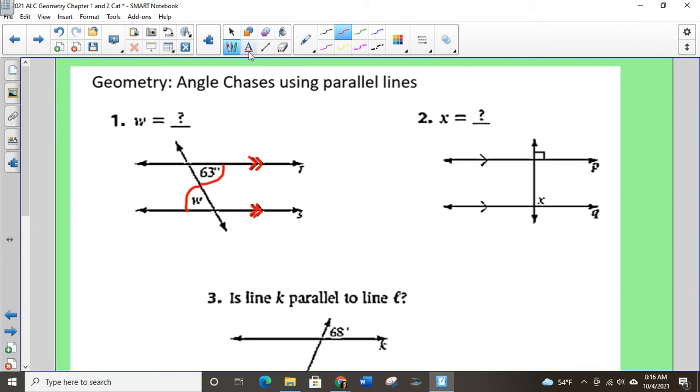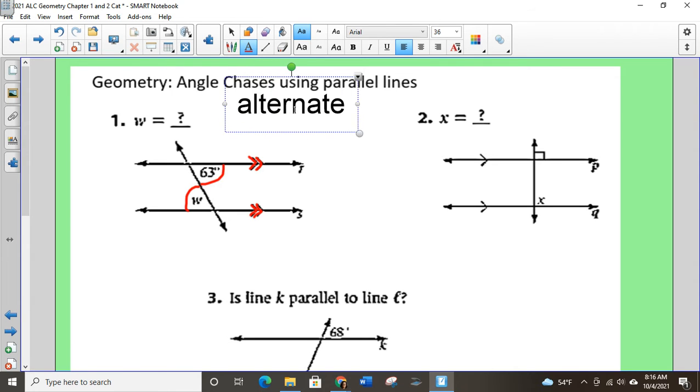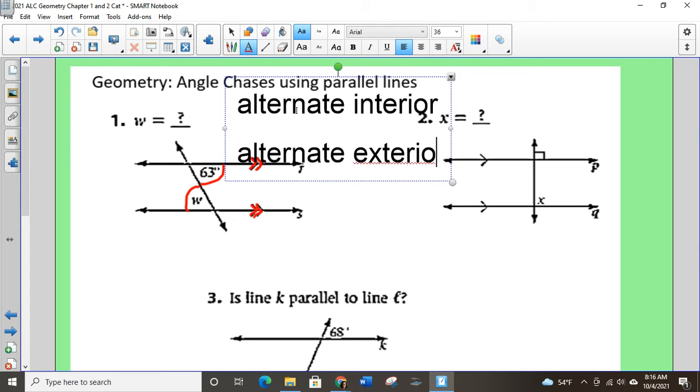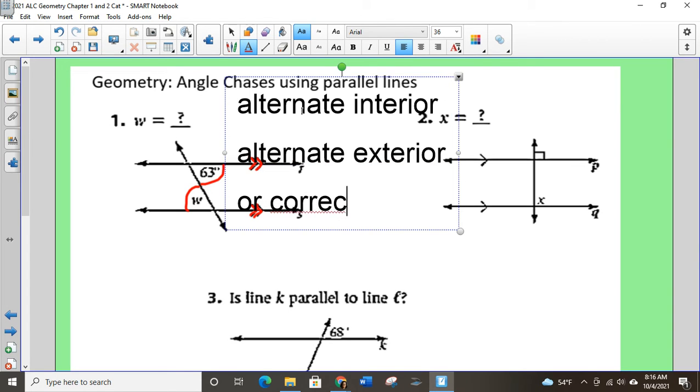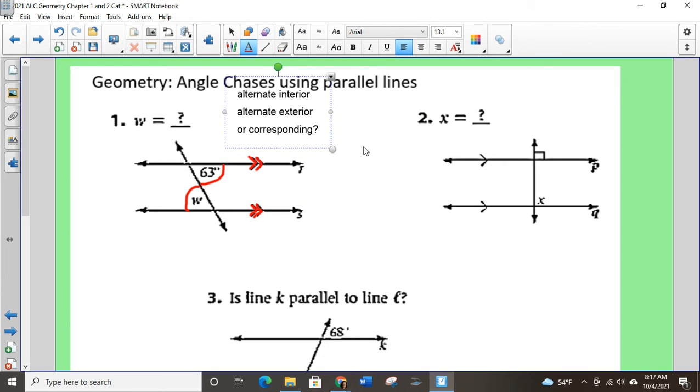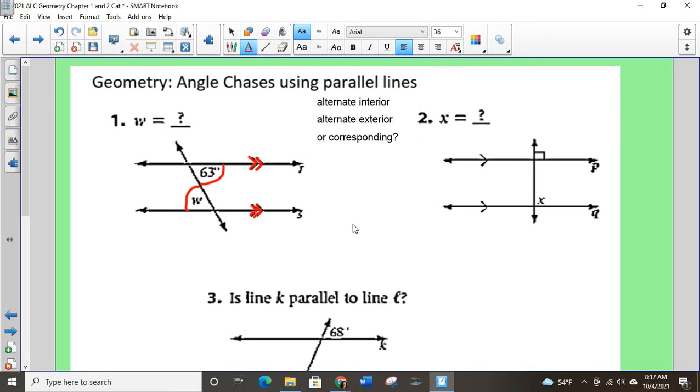Are they alternate interior, alternate exterior, or corresponding? Those are your three choices, and maybe you want to grab that blue sheet that we did in class before, the notes, to help you out. The correct answer is that they're alternate interior. So alternate interior angles, if the two lines are parallel, turn out to be the same. So I'm guessing you've already zipped through and determined that W is 63 degrees.